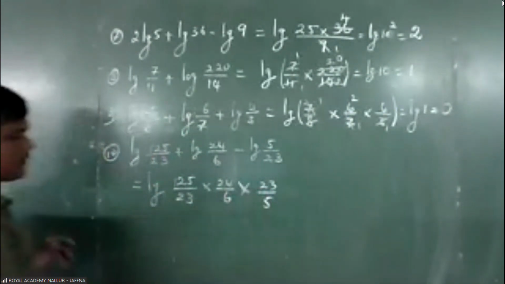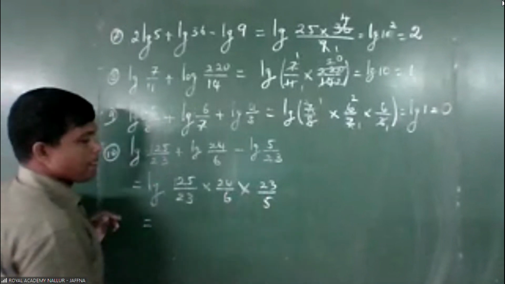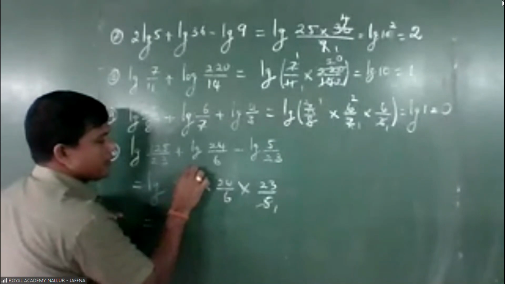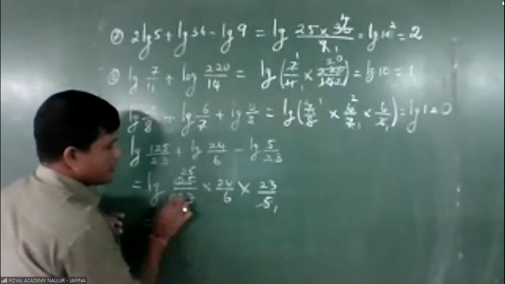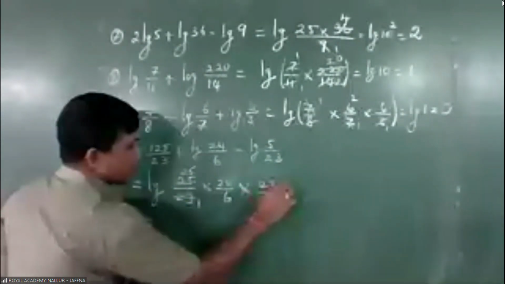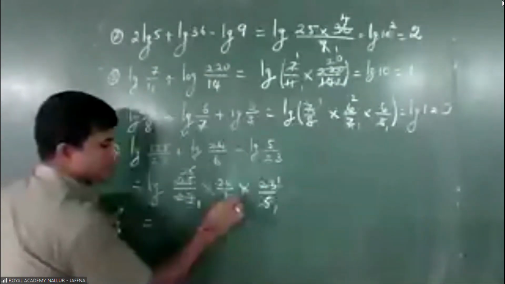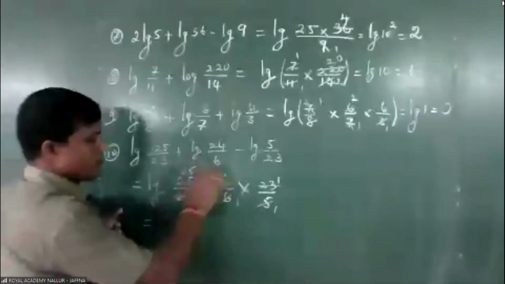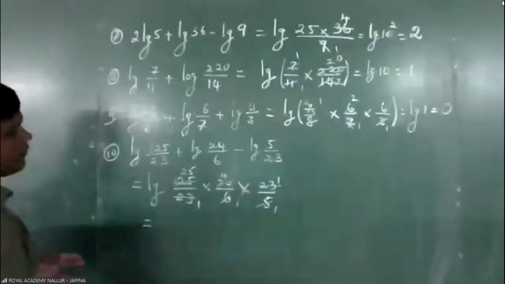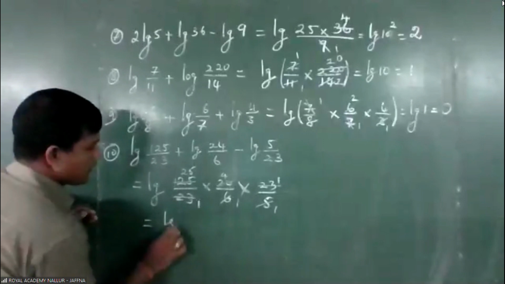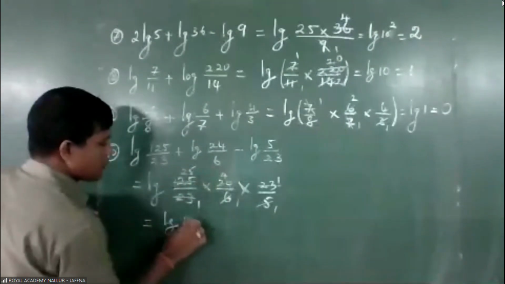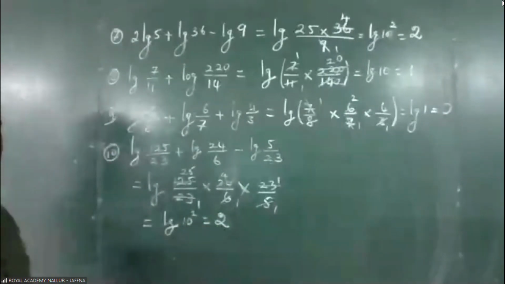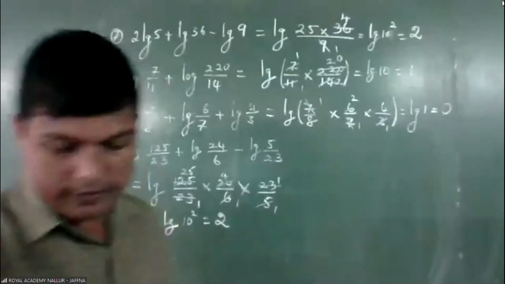So the answer: 5 into 1, 5 into 25. 23 ones here, 23 ones. 6 into 1, 6 into 4. 25 into 4 is 100. Already you have that value. Log 100. 100 means 10 to the power 2. 2 comes in front. Finally, the answer is 2. Final answer is 2 for this question.